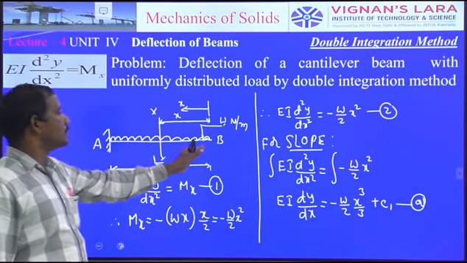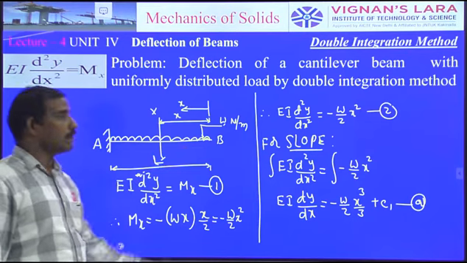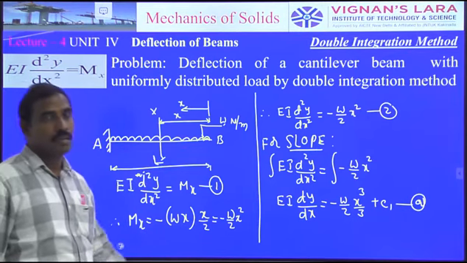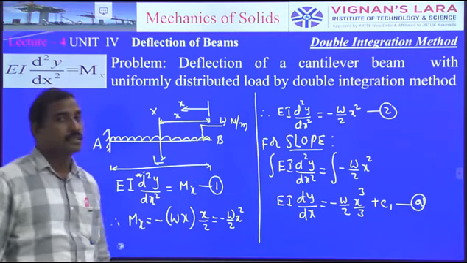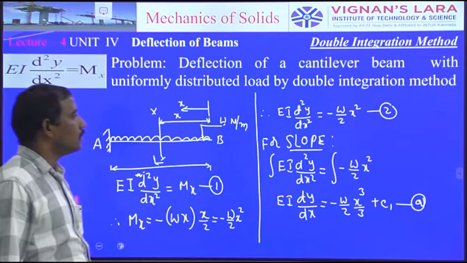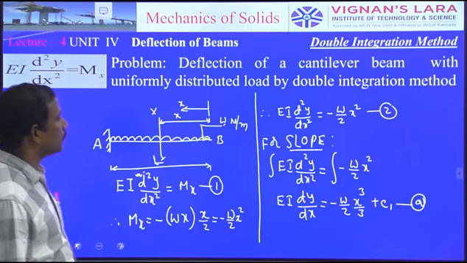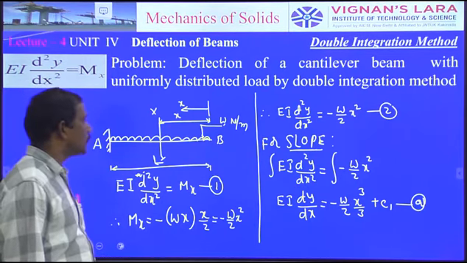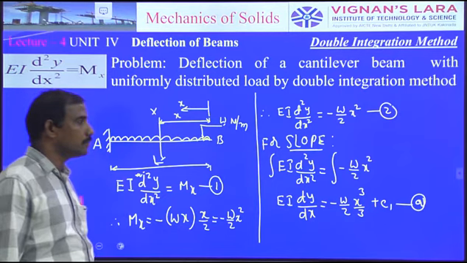Here, the origin is taken at B, so x starts from 0 at B and goes towards the left. Then formulate the equation for slope by integrating, that is equation number 2.